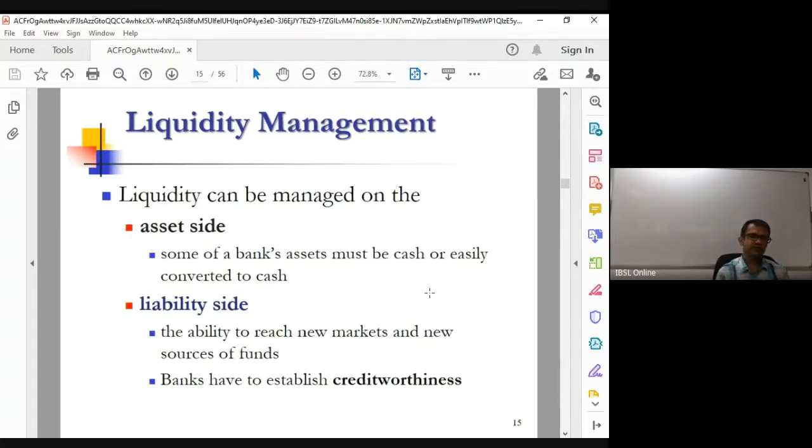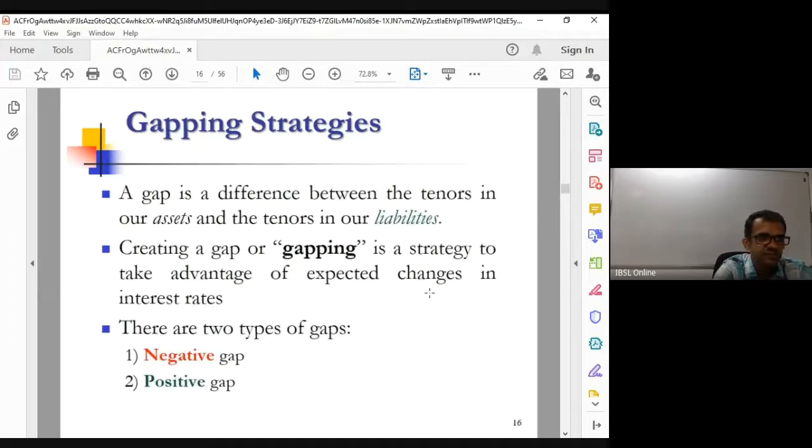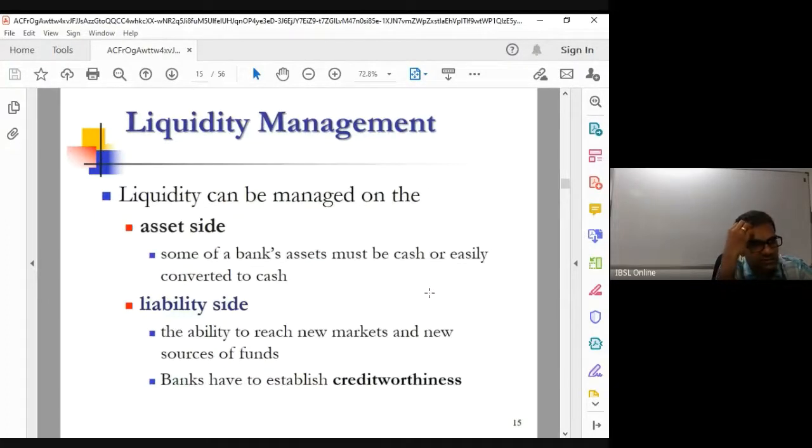Considering all these factors, any bank may manage its liquidity partly through assets, partly through liabilities. It doesn't mean that it is 50-50. It may be 75-25 or 25-75, depending on the view on the market, the position of the bank and the business model. So this is how we manage liquidity.